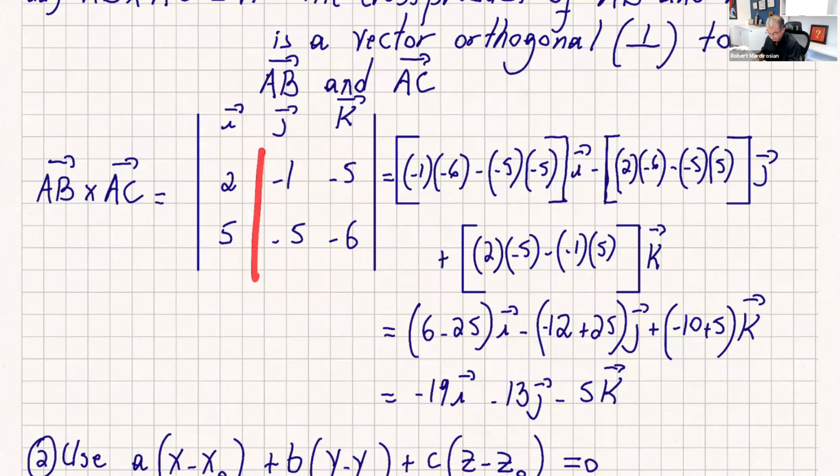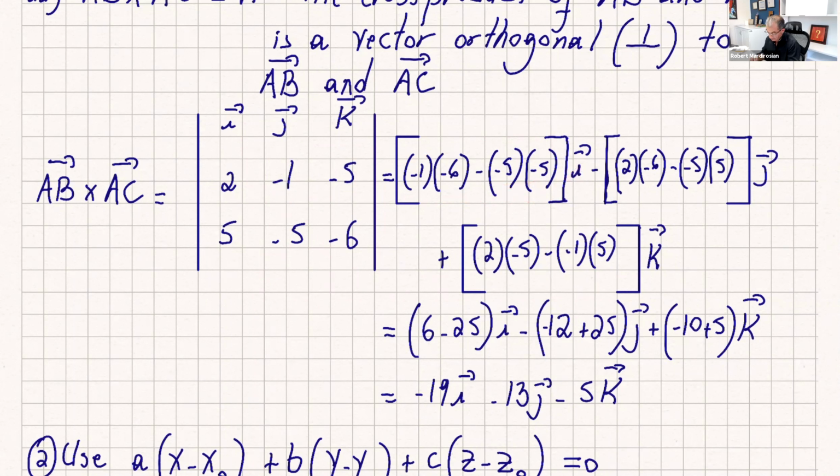The determinant of this matrix is that times that, A times D minus, again, that times that, and I wrote it here. So it's negative 5 times negative 6 minus negative 5 times negative 5. And that's the I component.